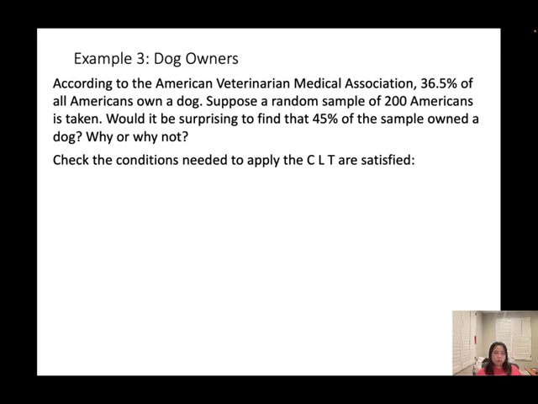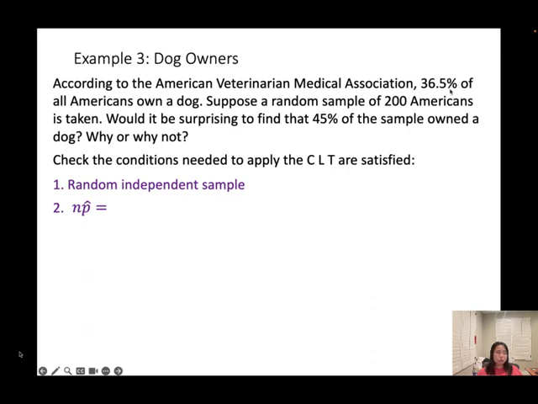Okay, number 1, random independent sample. Number 2, check the sample size. What is n equal to? We do have a sample of 200. And then the p-hat will be 36.5%, since 36.5% of all Americans own a dog.